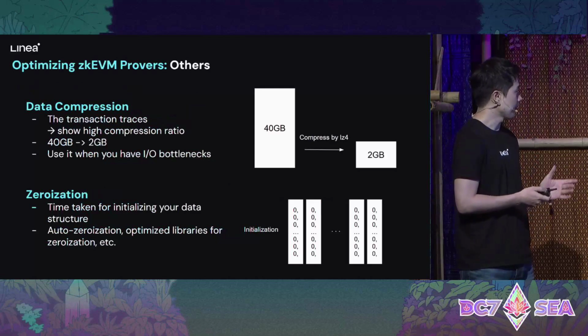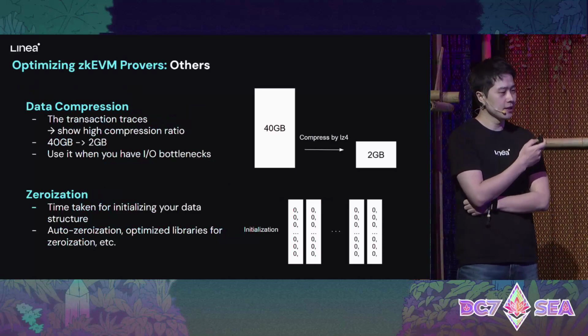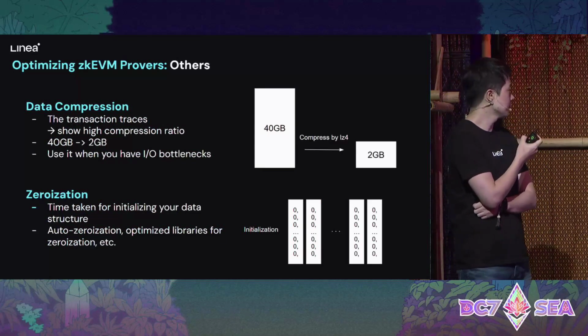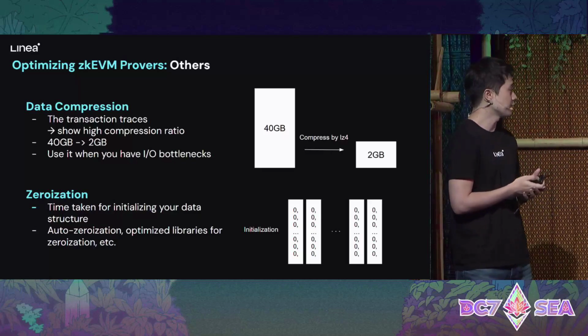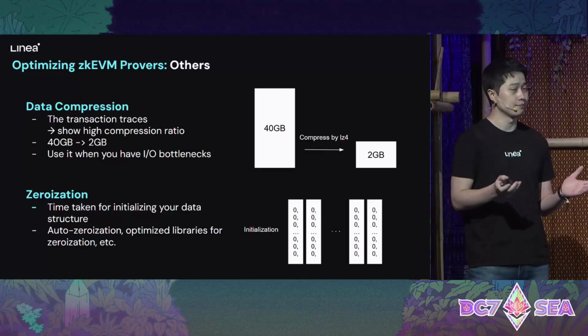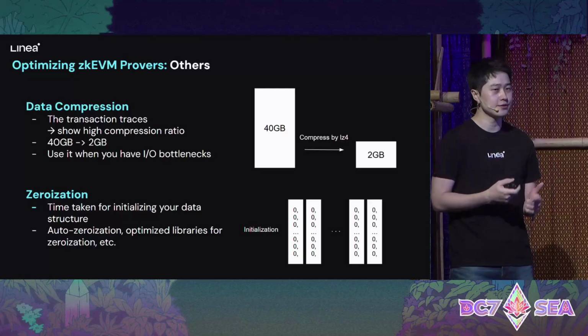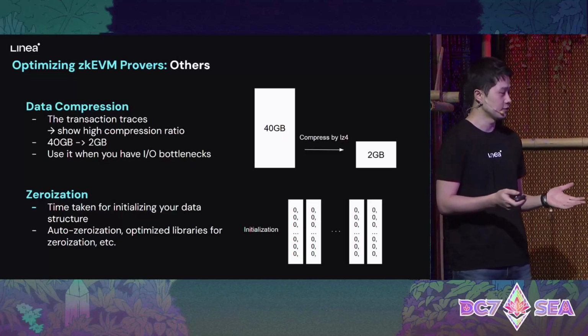Let me share quickly one more optimization. One thing is data compression. We realized that the transaction data has a really high compression ratio. So if your I/O or network is the bottleneck, you can just compress it. For example, in our case, 40 gigabytes of trace could be 2 gigabytes of trace.